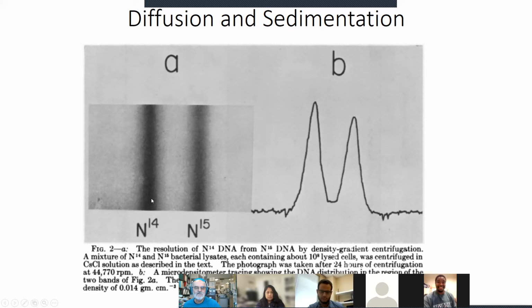The idea was that if you grew up DNA in the presence of one isotope, let it go for one generation, and then resuspended it in the presence of a different isotope, N14 or N15 containing materials, so that you would make the DNA out of bases with the different isotopes, and then fractionated it in a gradient at some speed for some time, you would see two different bands depending upon the N14, N15 composition.